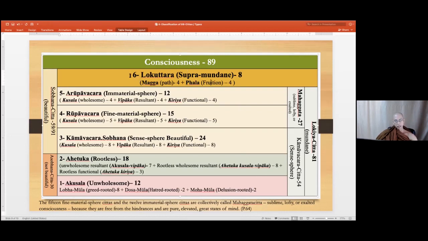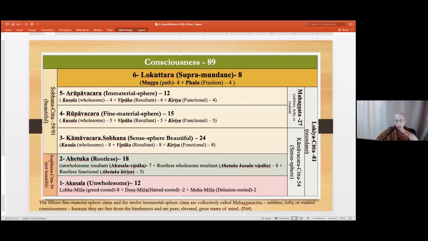This is according to the classification of their nature, their roots, and their plane of existence. Here we need to understand the lowest two. The first, akusala and ahetuka, are collectively called asobhana citta, because they are not beautiful.